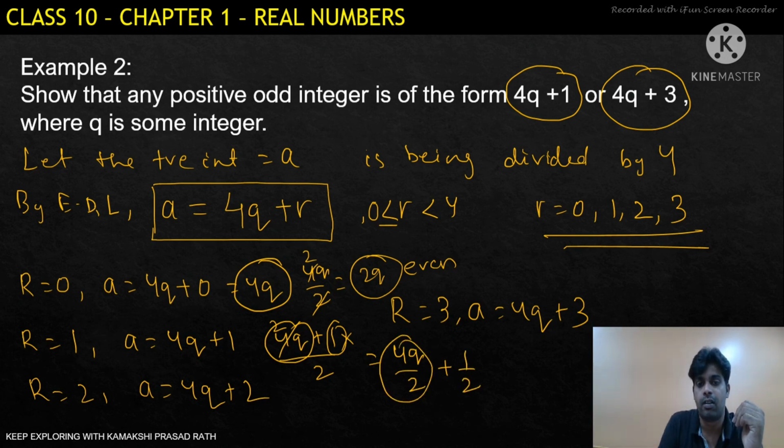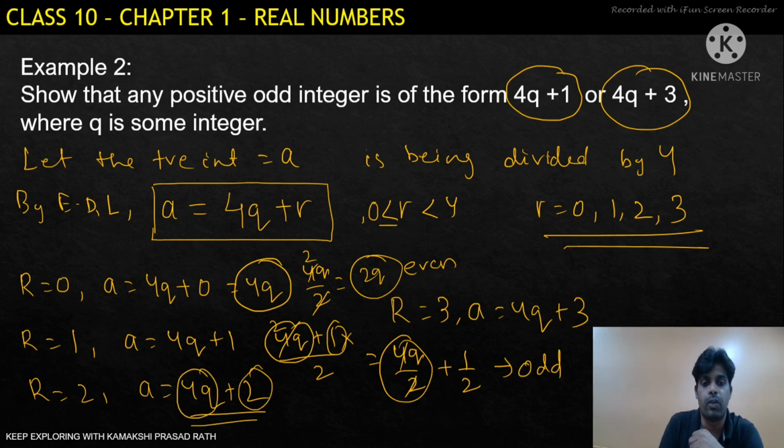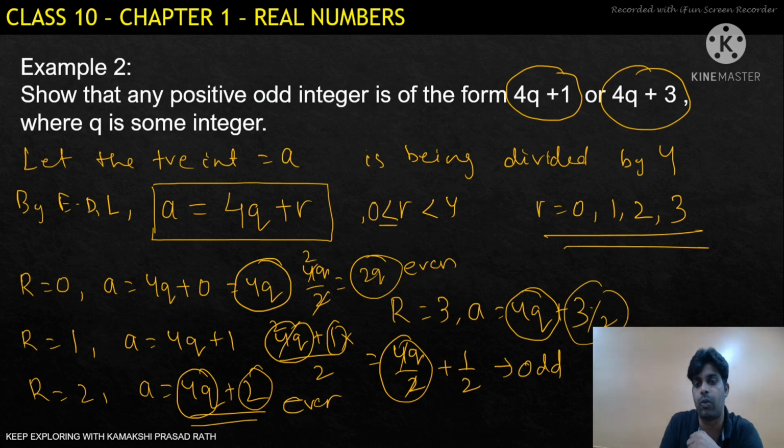This part is solved, it is even, but this part is not solved, so we are not able to divide it by 2. So this is odd. Now 4q plus 2. Both are divisible by 2, so this is even. 4q plus 3: 4q is divisible by 2, but 3 is not, we are getting 3 by 2. So it's an odd one.